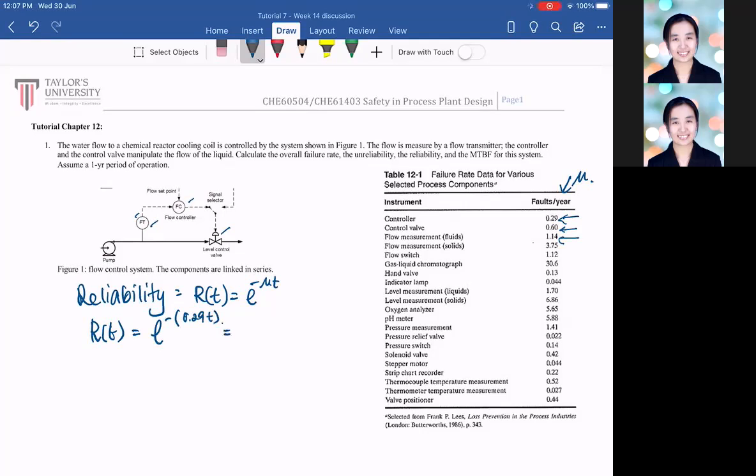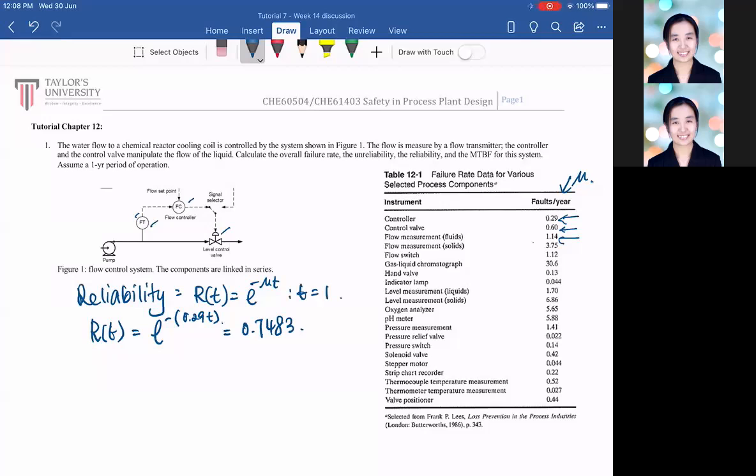So what do we have? We have 0.748, where t is 1, because we're talking about a yearly basis.